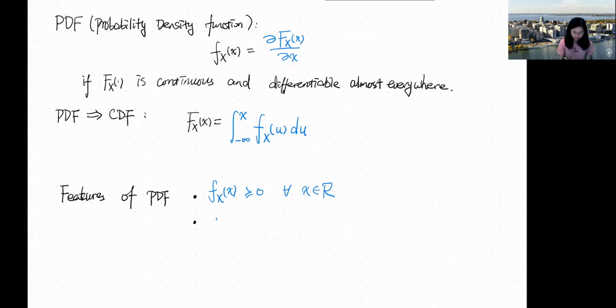And also, when you integrate the PDF over the whole real line, from minus infinity to plus infinity, you get the limit of the CDF as you take little x to infinity, and this follows from this relationship. That we already know is 1. So a PDF function integrates up to 1.